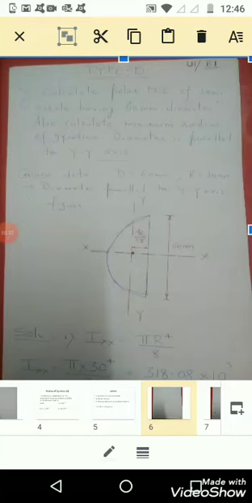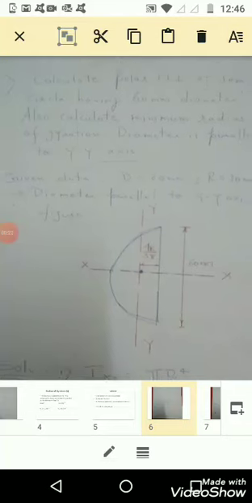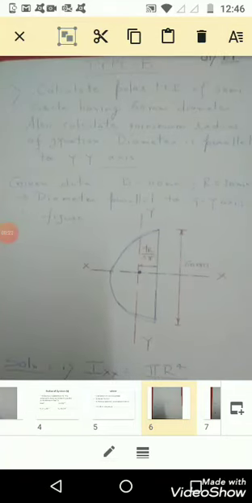Type B problem. Here we have to find polar moment of inertia and minimum radius of gyration. So the first problem here: calculate polar moment of inertia of a semicircle having 60 mm diameter. Also calculate minimum radius of gyration. The diameter is parallel to y-axis.